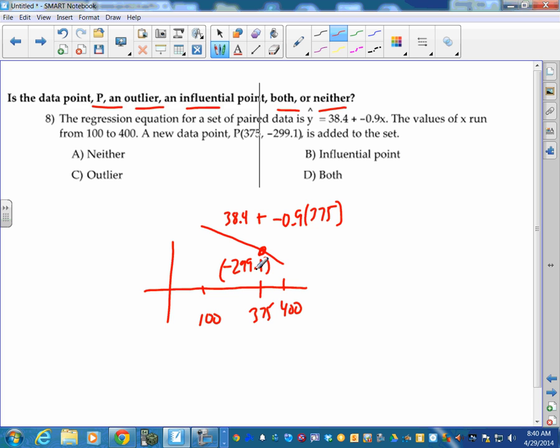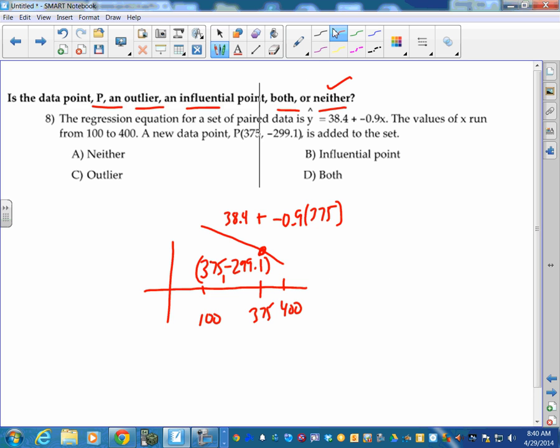So you get the same thing as your new data point. So will this line change? If your new data point's on that line, is the equation line going to change? No. So I say it's neither an outlier nor influential. Does that make sense?